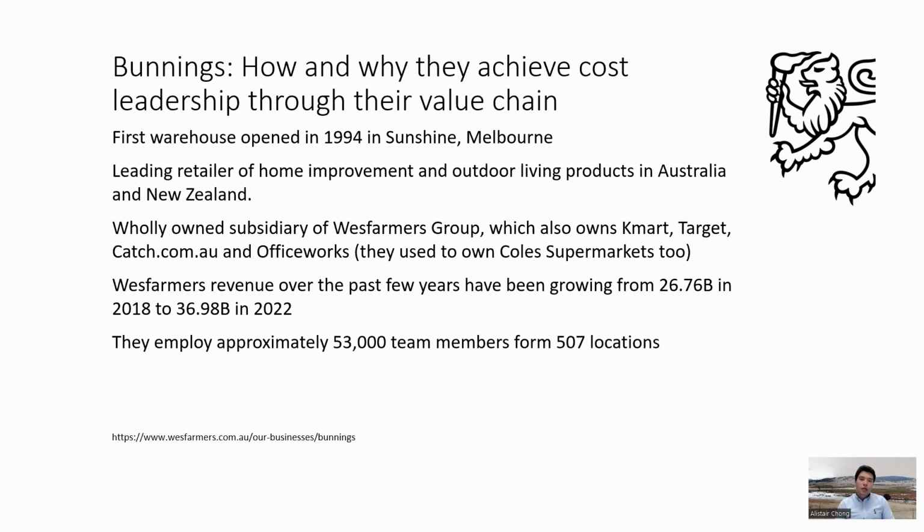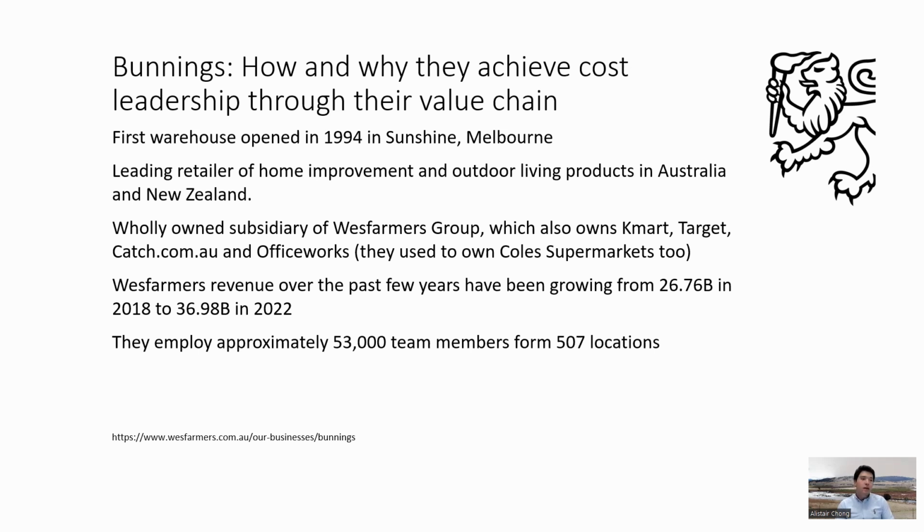So for example, in this video, we're going to look at Bunnings, and how and why they achieve cost leadership through their value chain. As you can see on the screen, their first warehouse opened in '94 in Sunshine in Melbourne, and they are currently the leading retailer of home improvement and outdoor living products in Australia and New Zealand.